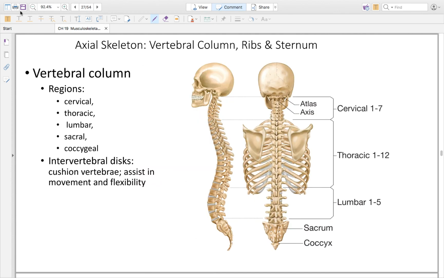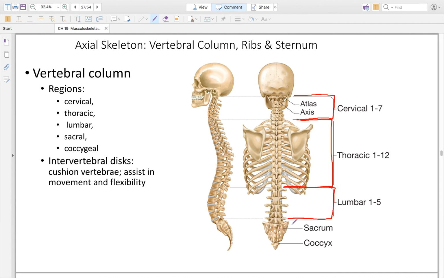Vertebral column. Now, for a class like this, we're going to keep it simple. The vertebral column is broken down into three major parts. We have our cervical vertebrae, C1 to C7, so there are 7 total. Then the thoracic, 12 vertebrae, and then the lumbar has 5.